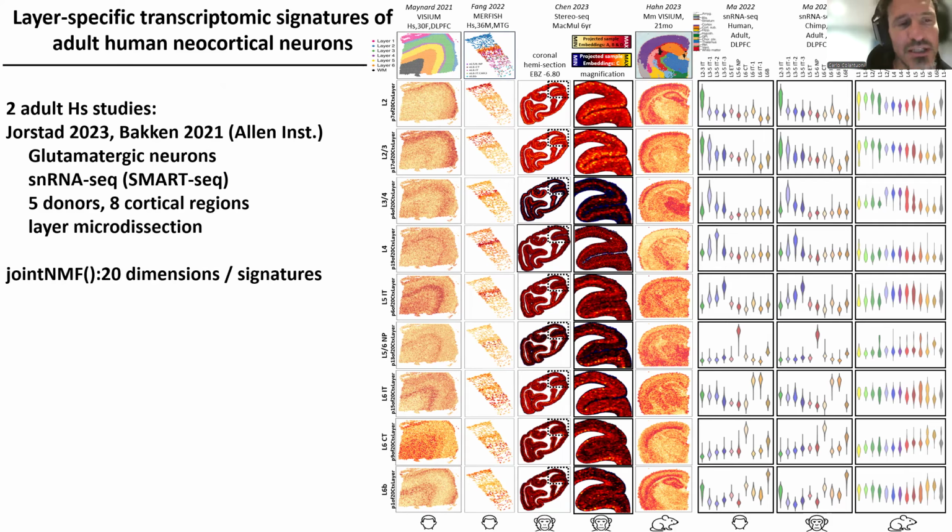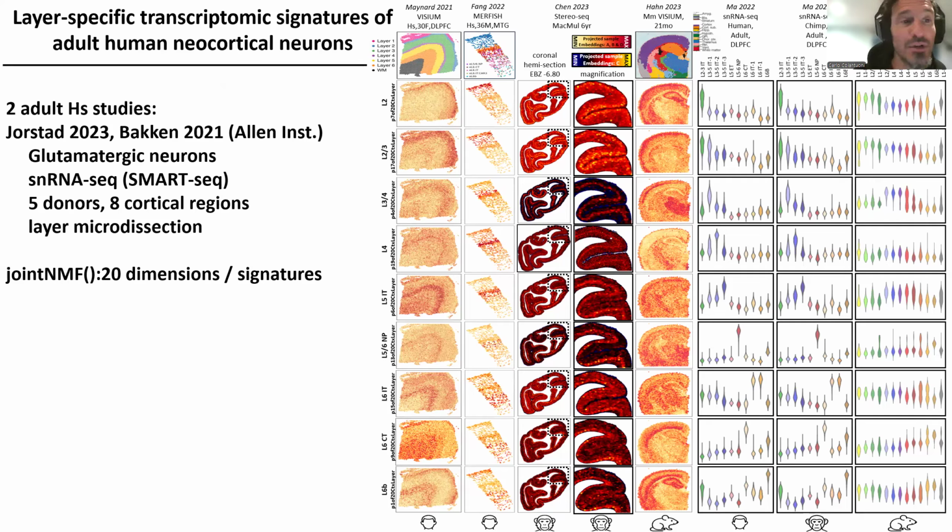The two studies span 5 different donors and 8 regions. And we used our structured joint decomposition package in the R programming language to break apart these data. And it's the joint NMF function that we used, which takes those 5 donors, each as a single matrix of RNA-seq data, and asks the question, what are some common sources of variation across those 5 matrices?